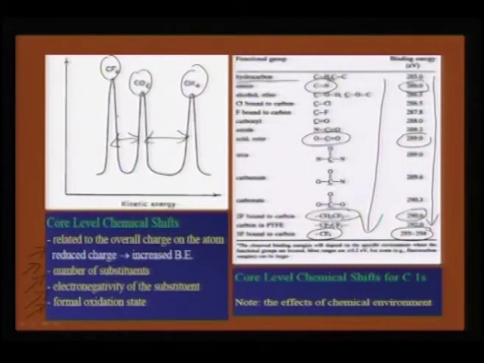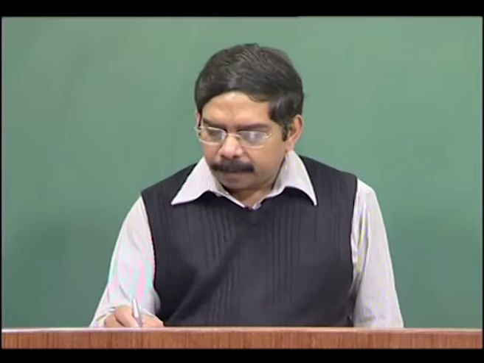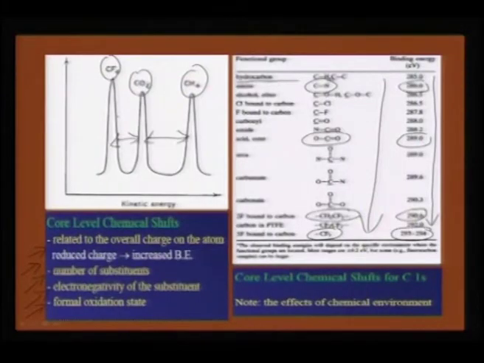For example, if you take a compound which is hygroscopic, it will also absorb carbon dioxide, so it will form carbonates. Easily you can map, based on the position of your carbon 1s, whether a carbonate impurity is present. So, the core-level chemical shift for carbon 1s can be easily found out, and therefore the chemical environment can easily be ascertained in our materials.